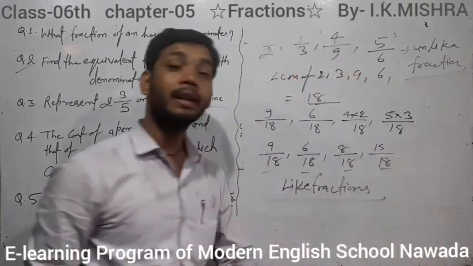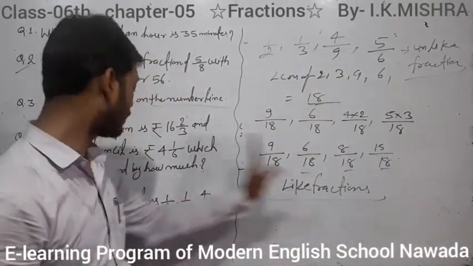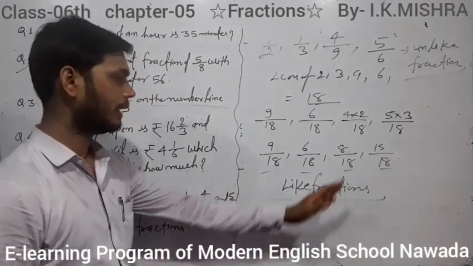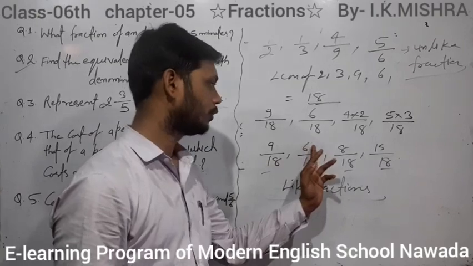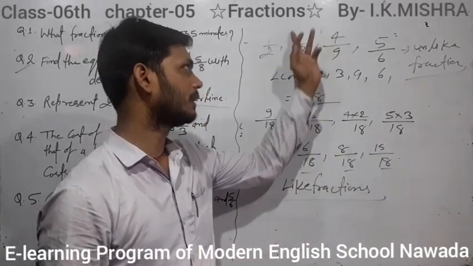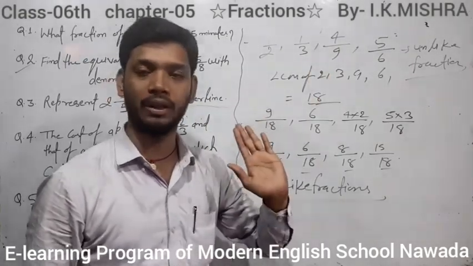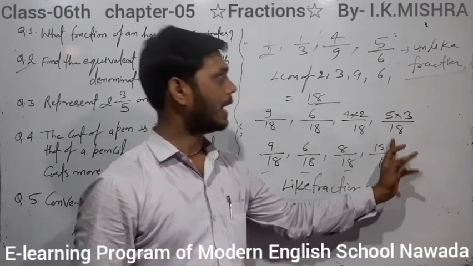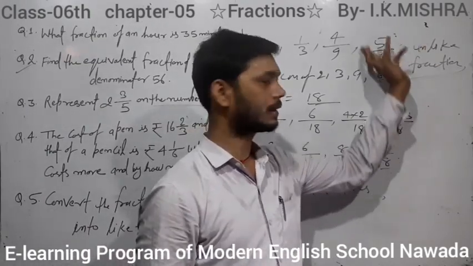And students, when asked to arrange the following in ascending or descending order, the smallest numerator is 6, so its main fraction 1 by 3 is the smallest. And the largest is 15, and its main fraction is 5 by 6.